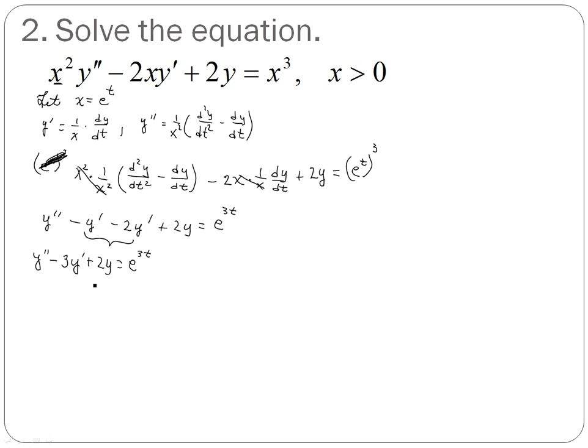Now, here we want to start by solving the homogeneous ODE. We want to find the complementary solution by letting y equal e to the mt, and our characteristic equation becomes m squared minus 3m plus 2 is equal to 0, and that factors into m minus 2 times m minus 1, and so we get m is equal to 2 and m is equal to 1.